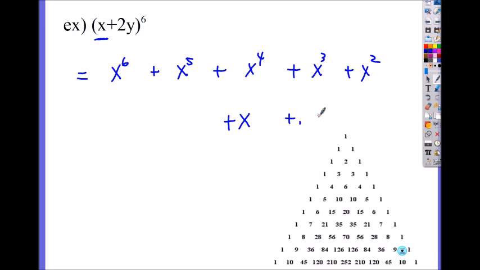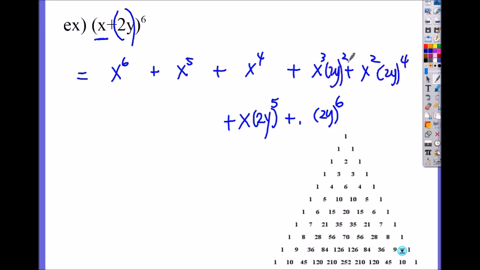So I'm just not going to write it. Now make sure you put parentheses for the second term, because when you distribute the power, it's not distributing just to y, you have to distribute to the 2's too. So here (2y)^0, (2y)^1, (2y)^2, (2y)^3, and make sure they add up to 6. (2y)^4, (2y)^5, and (2y)^6.